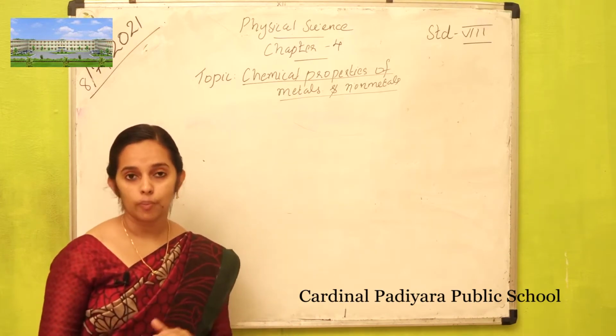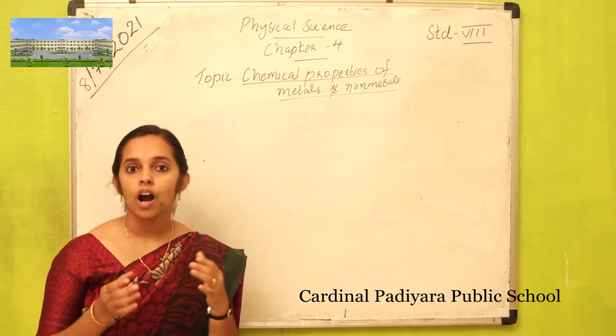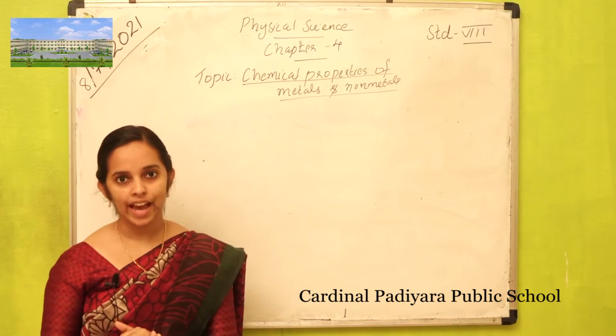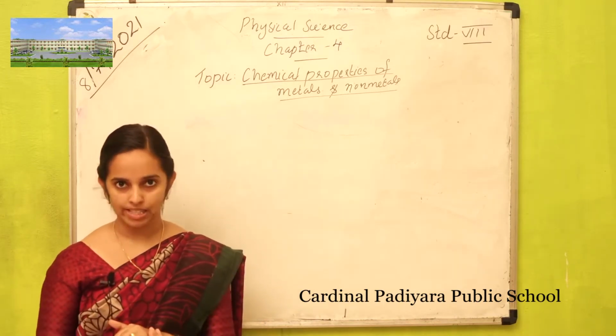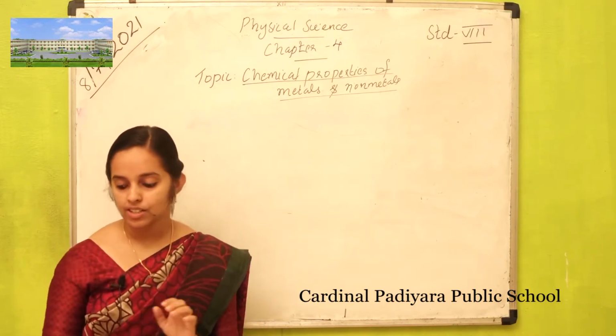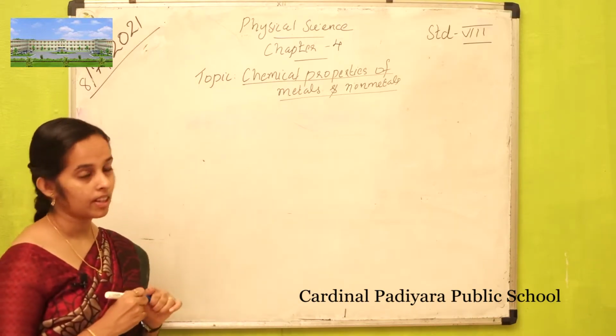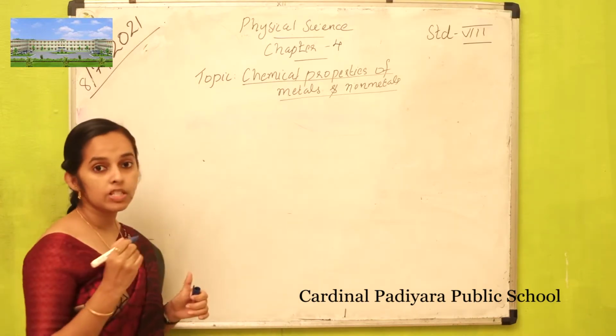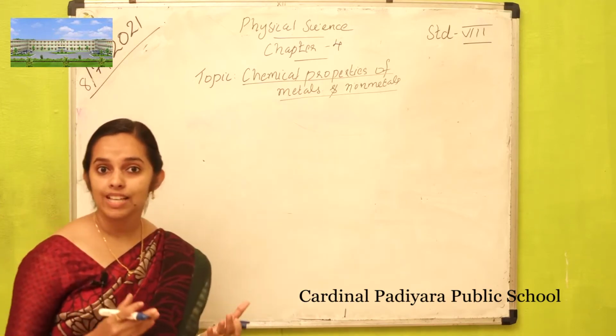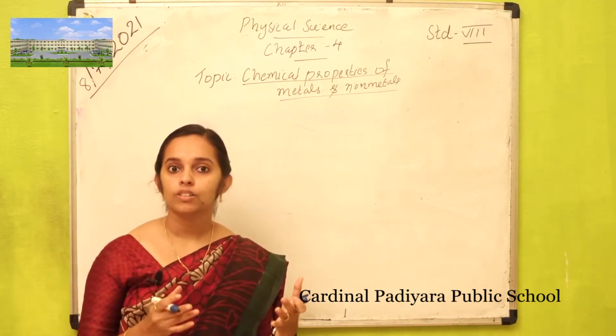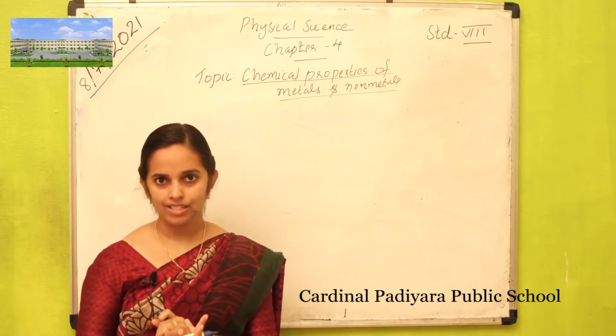Before going into the topic, you want to know how litmus paper reacts with acid and base. So that's what we are going to discuss first. You know that litmus paper is available in both red and blue color, isn't it?